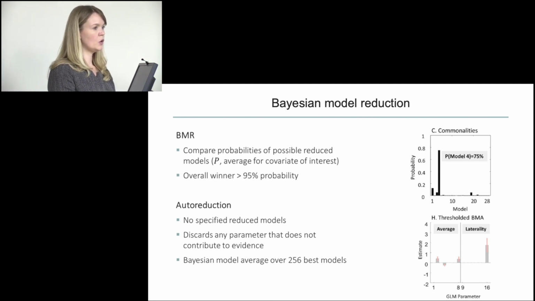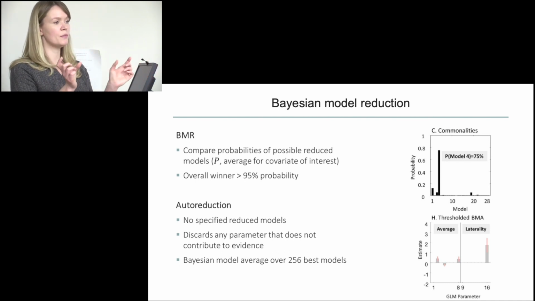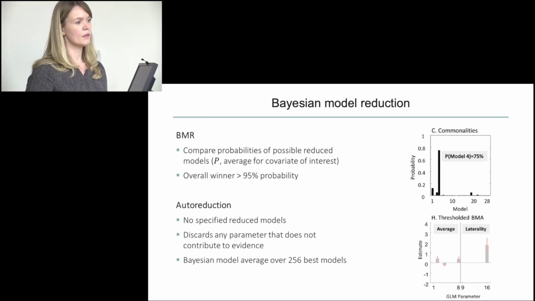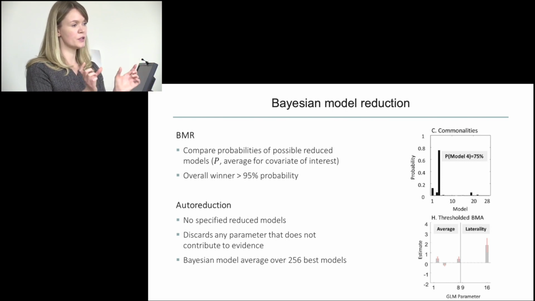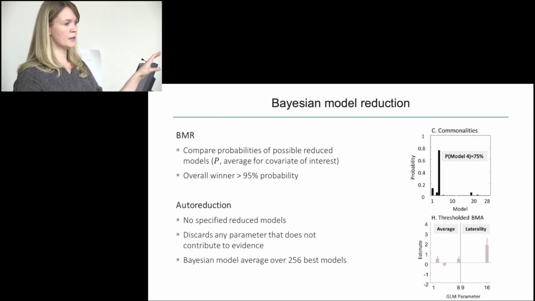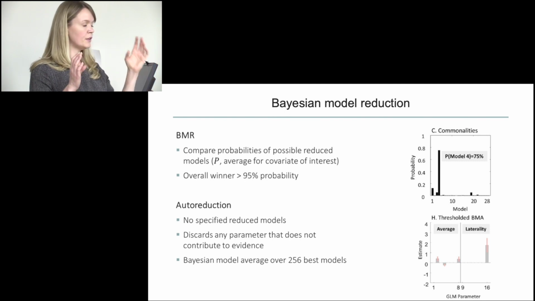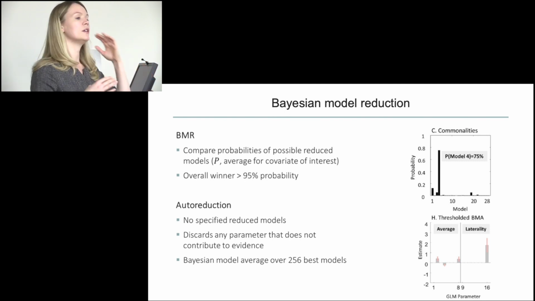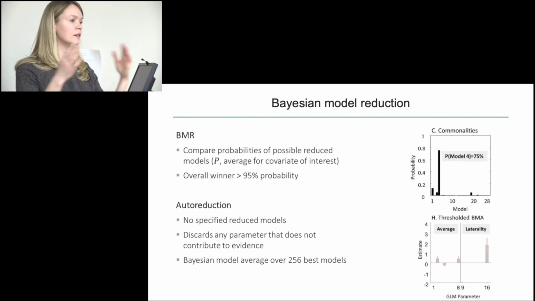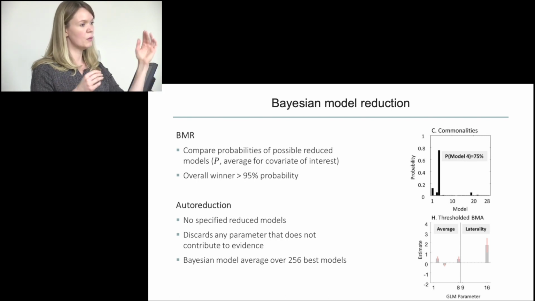You mean equivalent in terms of explaining the data, even though the structure is different? Yes. Well, in the auto reduction especially, you will average across these. So if there's two or three models that are the best, or in the auto reduction, out of these 10 billion, it's the 256 best models, it will average the parameters across these very good, indistinguishable models.